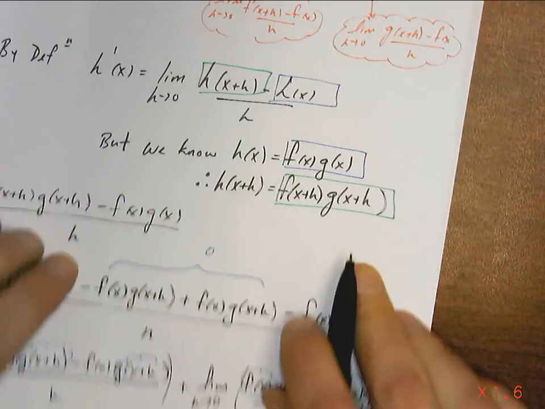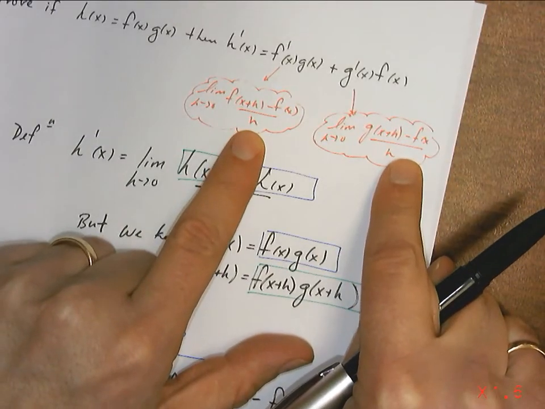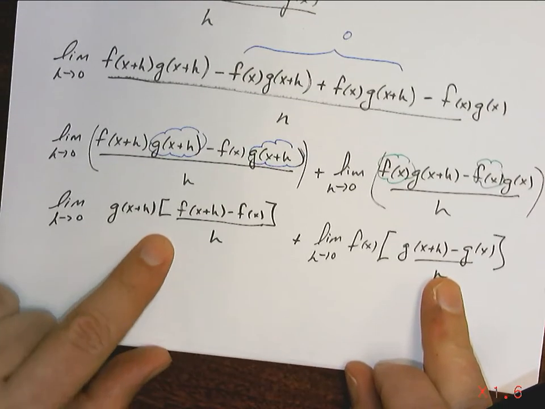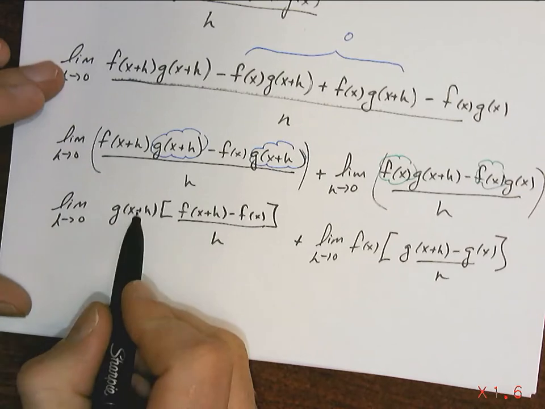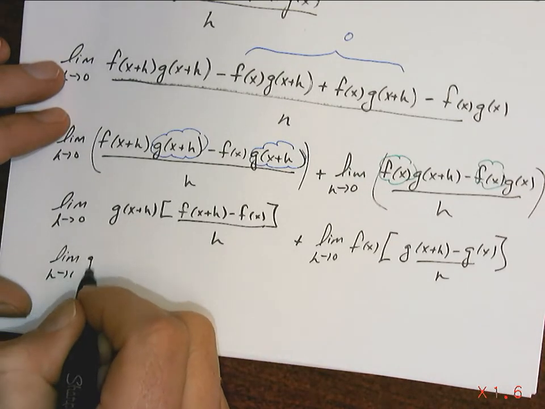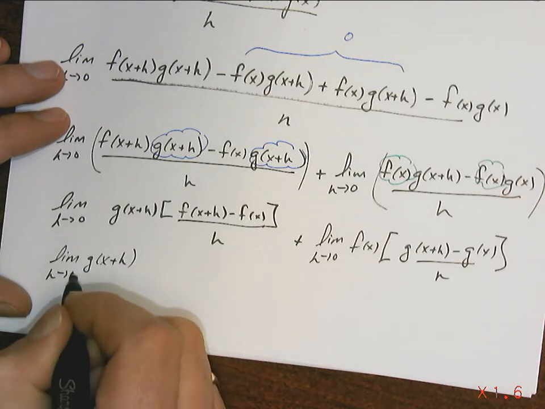And you're starting to see these things come to fruition. These things are now here. So now the limit of a product is the product of the limits. That's a 0.